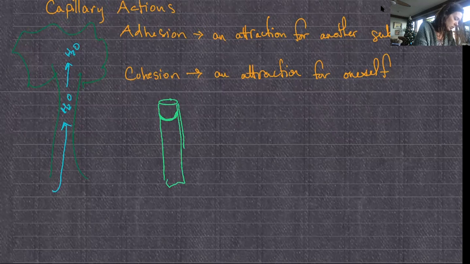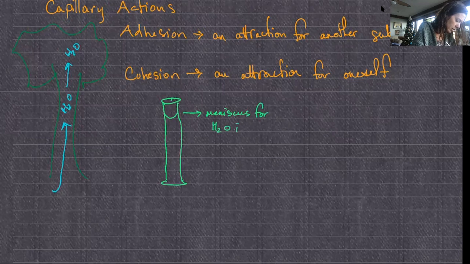All right. So whenever, I'm going to redraw that. Whenever you're looking at a graduated cylinder, you should have been taught that when water is in there, the meniscus does this, right? The meniscus for water is concave.